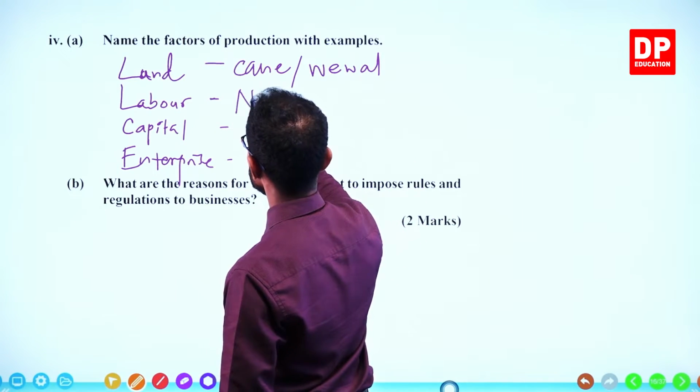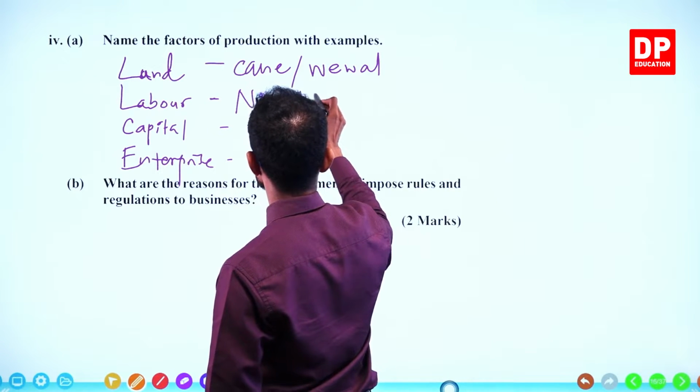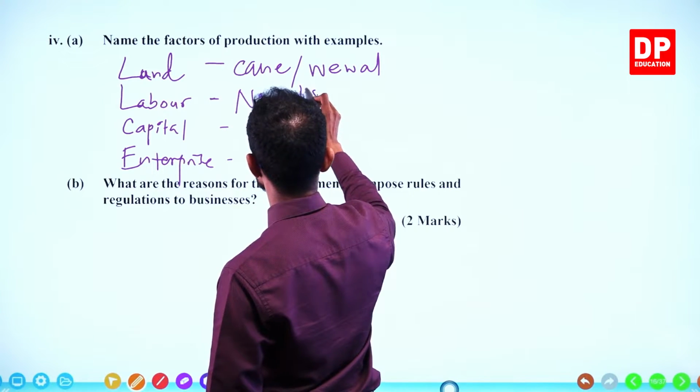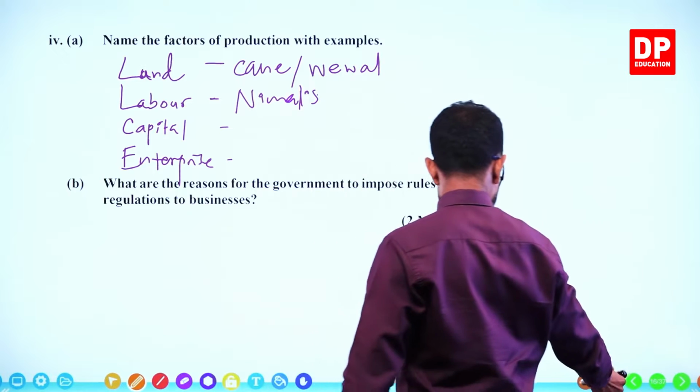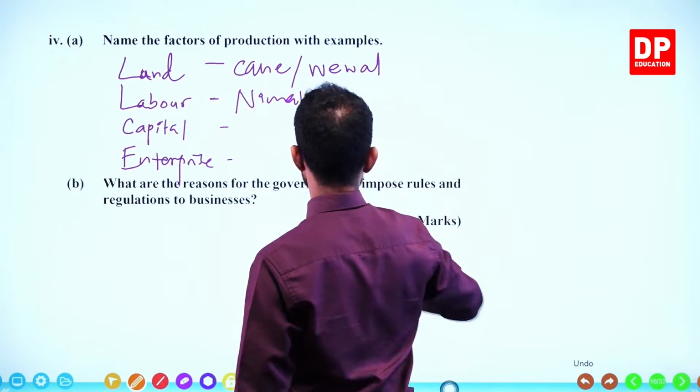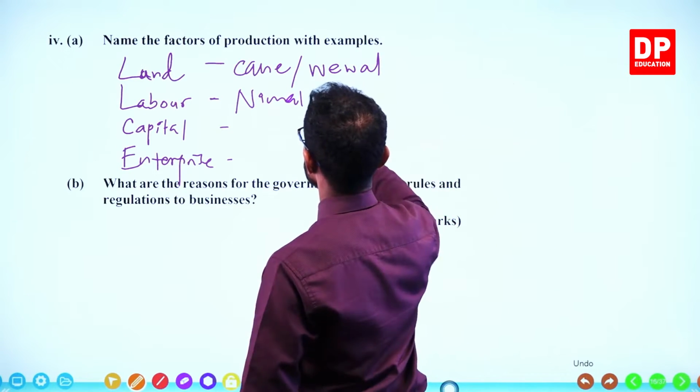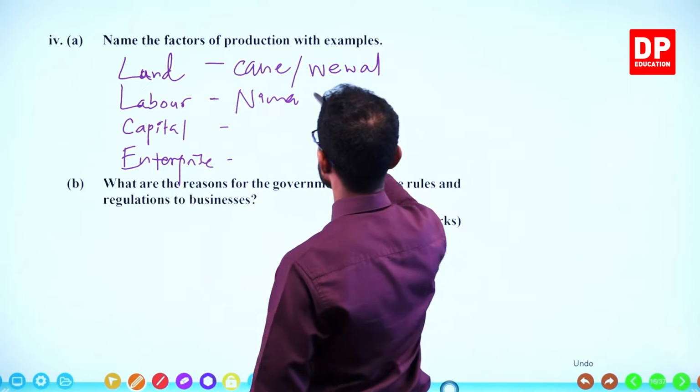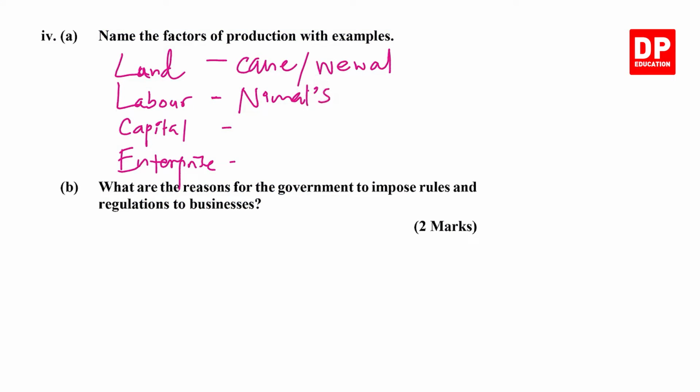Labor: Nimal's skilled labor. He is a skilled laborer, no? He has a skill to make fancy items.